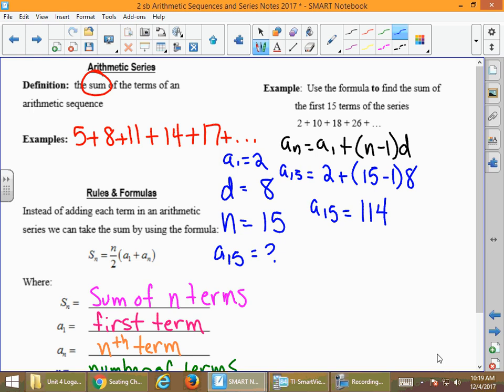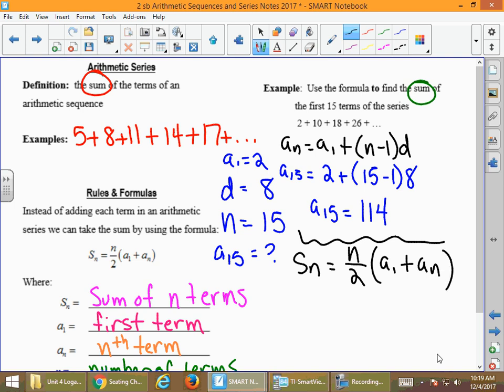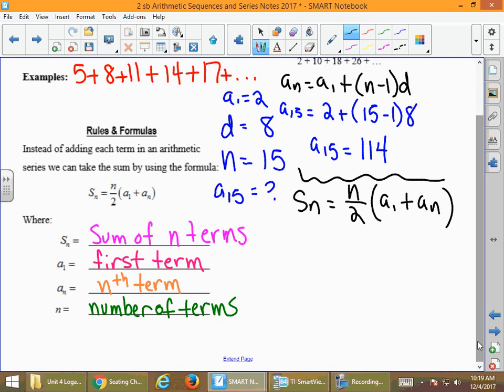But what we really want to know now is what's the sum of all of those. And our sum formula is S sub n equals n divided by 2 times a sub 1 plus a sub n. So let's fill that in, and hopefully you've got enough space to the right of your paper.